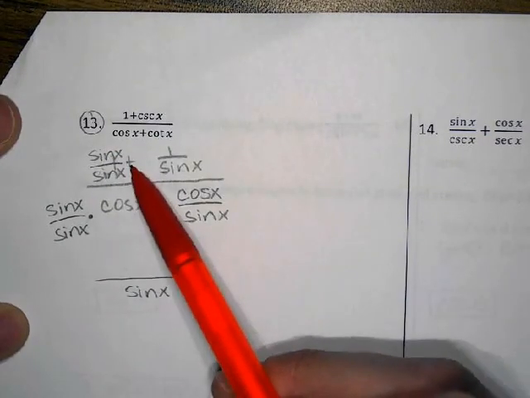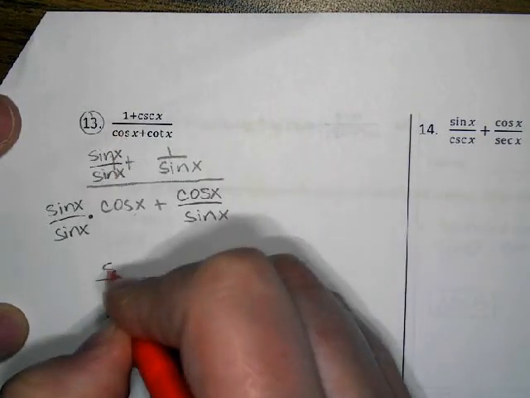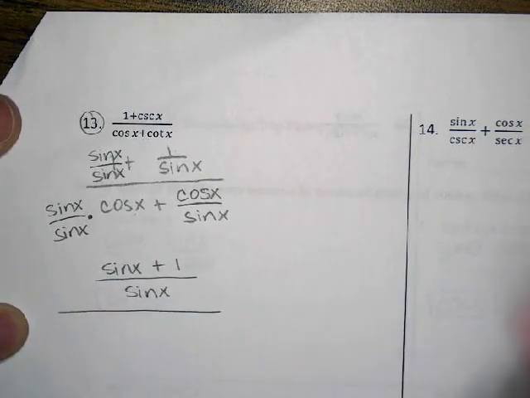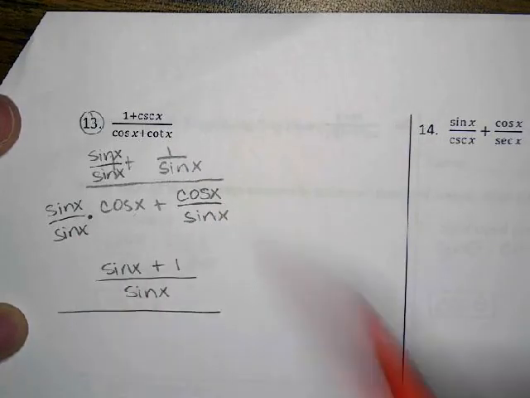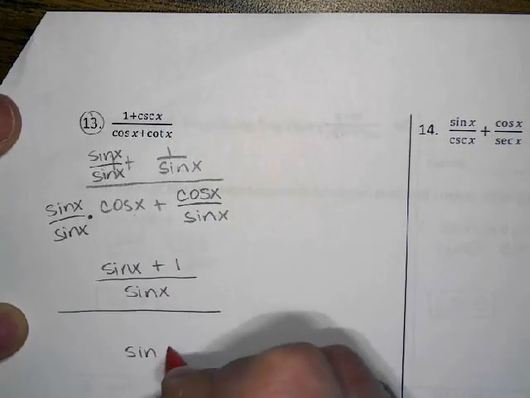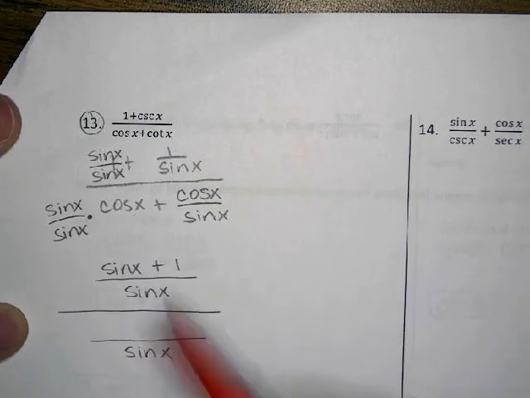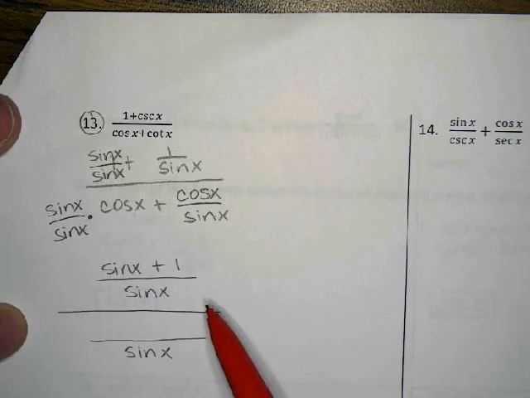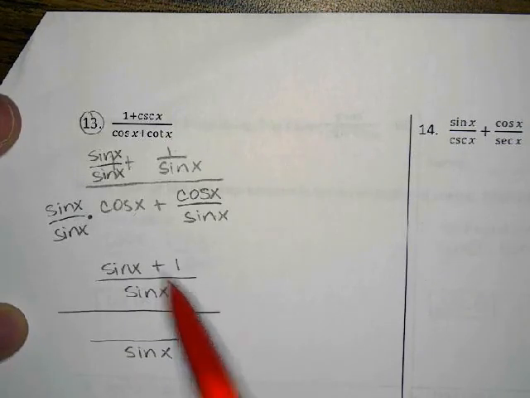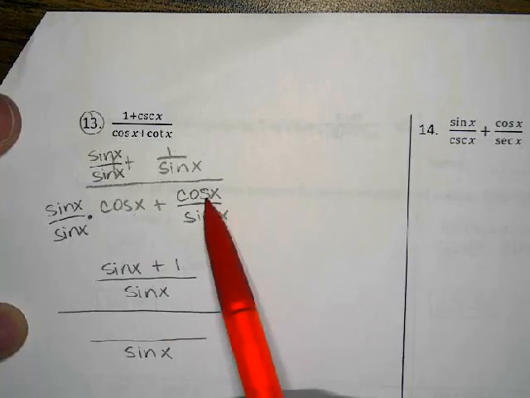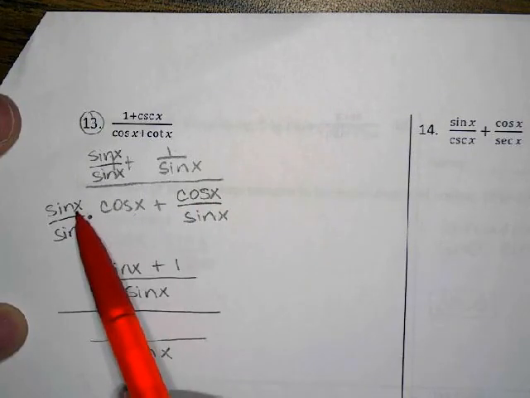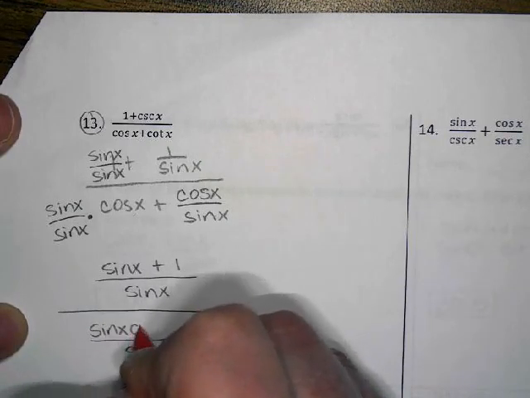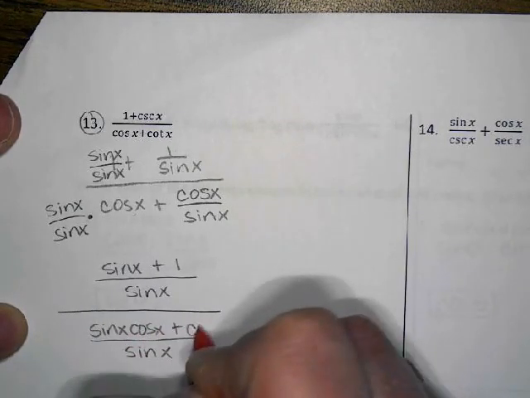I have sine x plus 1. So sine x plus 1. Okay, that's the top. On the bottom, I have a common denominator of sine. And then what do I have on the top? Sine times cosine plus cosine.